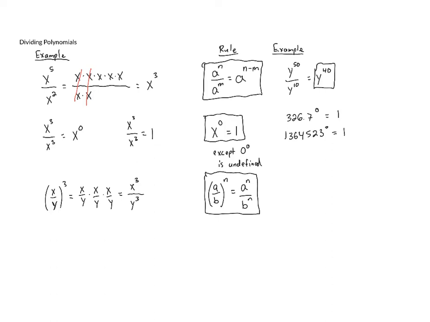So if we have something like x over 2 raised to the 4th power, we can distribute that exponent and write this as x to the 4th over 2 to the 4th. And because we can calculate 2 to the 4th, we're expected to do that. 2 to the 4th is 2 times 2 times 2 times 2, which is 16. So we end up with x to the 4th all over 16.